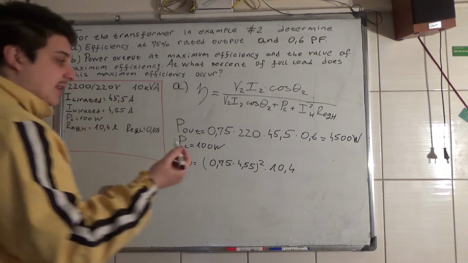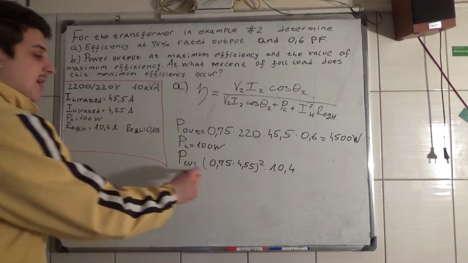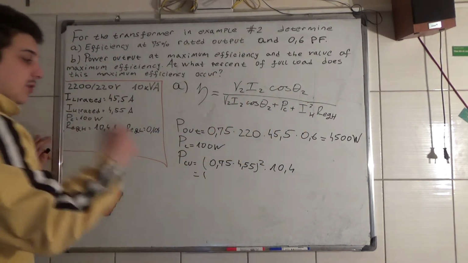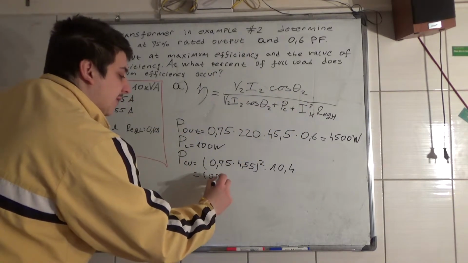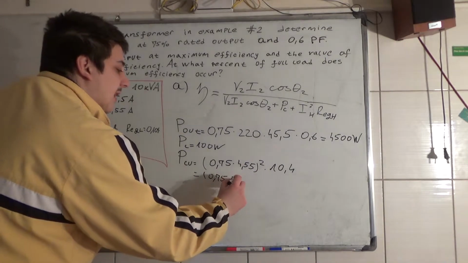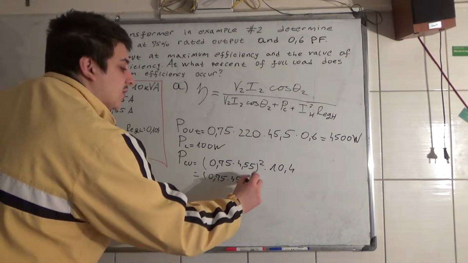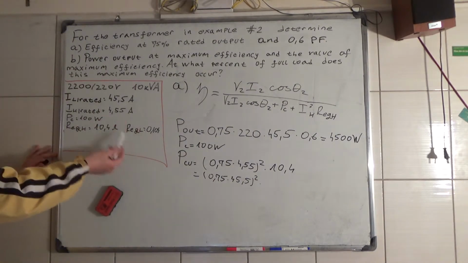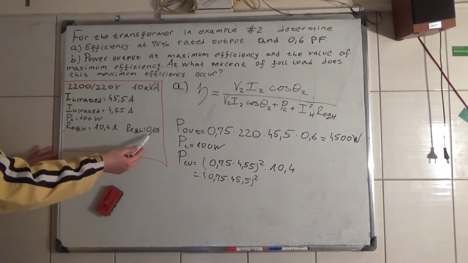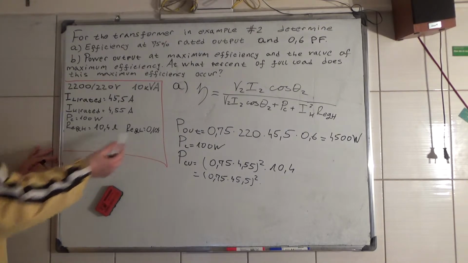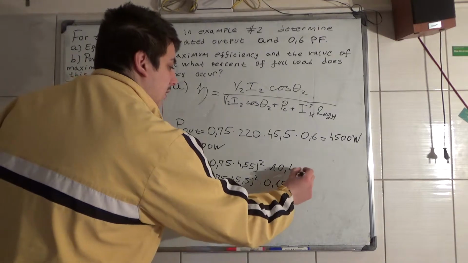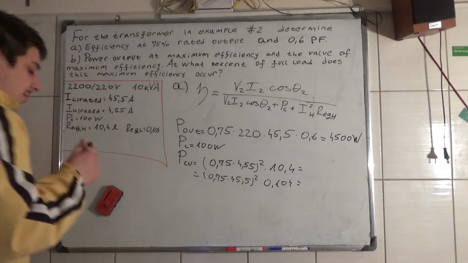This is also the same as if we were going to use the low voltage side. So that is equal to 0.75 times 45.5 squared times the equivalent resistance from the low voltage side, which was 0.104. You will see that this is the same.